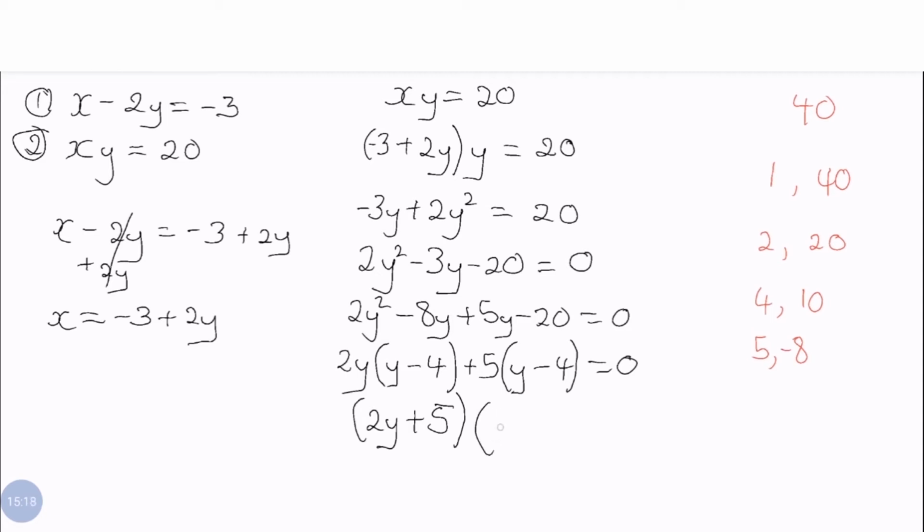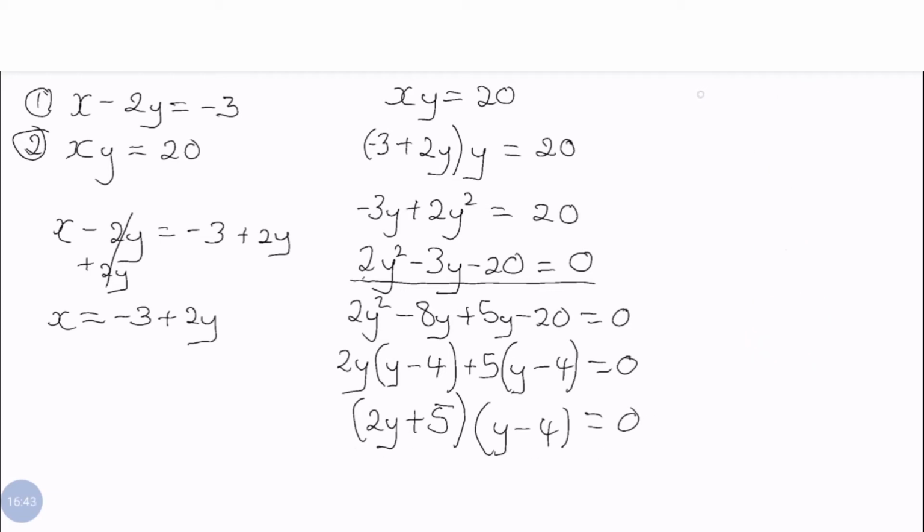We'll put it in one bracket as y minus 4 equal to 0. Now we have factorized. You must notice that we were factorizing in order to get the value of y. Now I will rewrite this at the top. So it is 2y plus 5 in brackets and y minus 4 in brackets equal to 0.